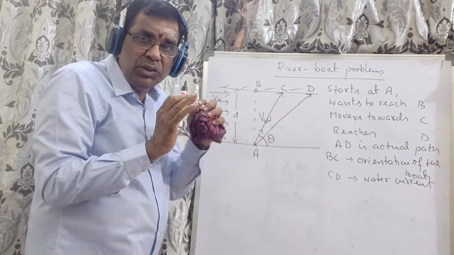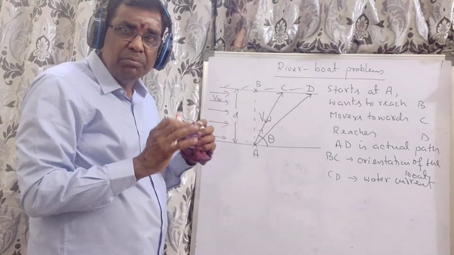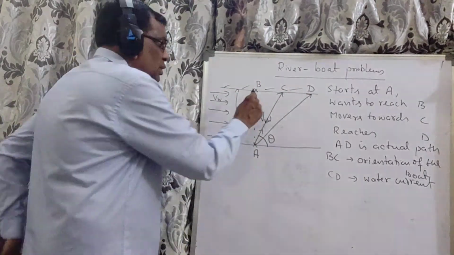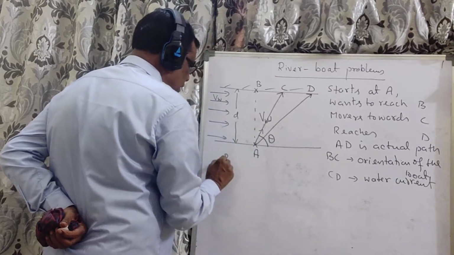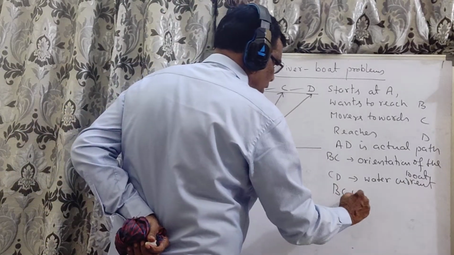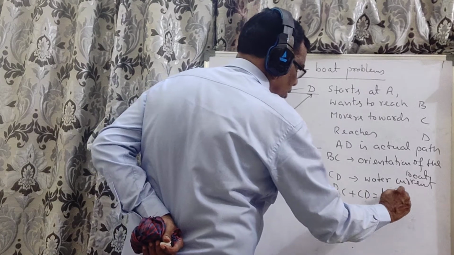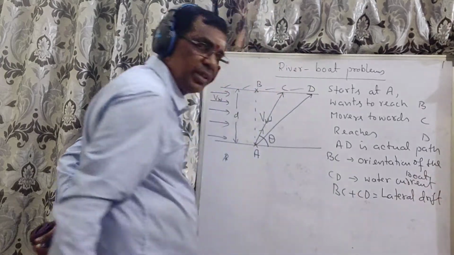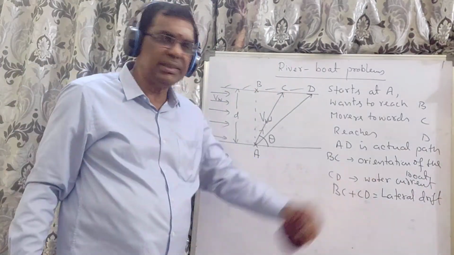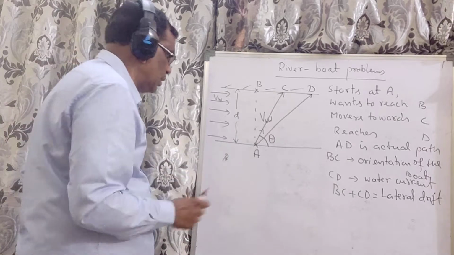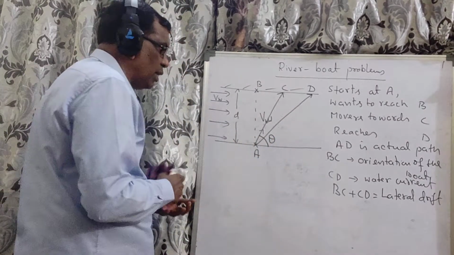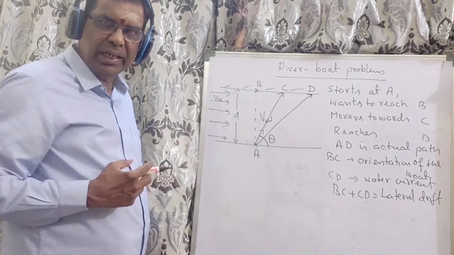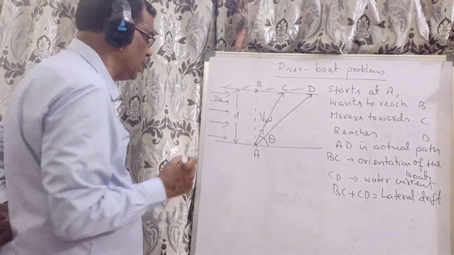So C, it should have reached in still water, but it is pushed further because of this. So this BC plus CD, here only I will write, BC plus CD is called lateral drift. Now we have to find out what time it reaches, and then various scenarios I am going to discuss here.